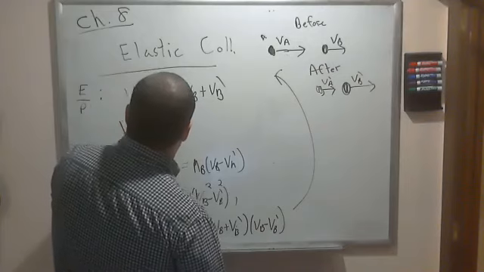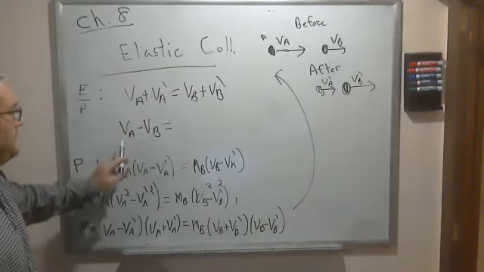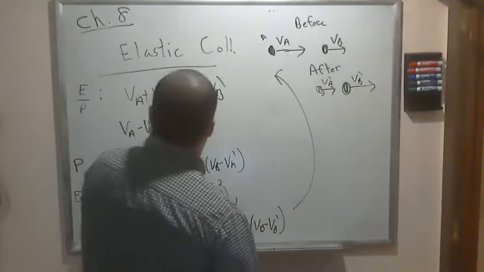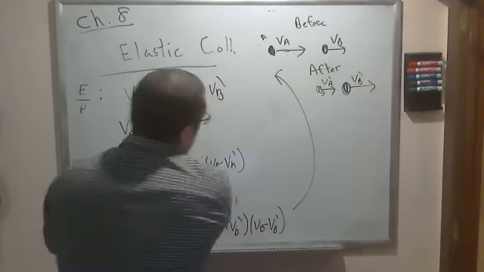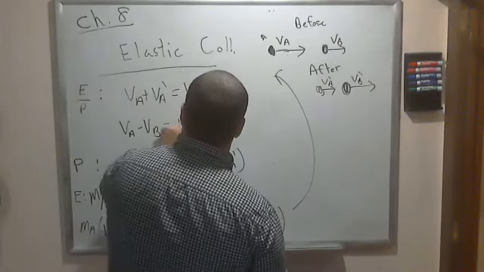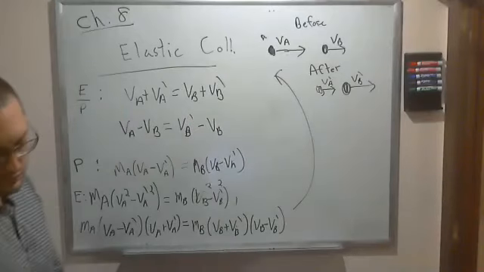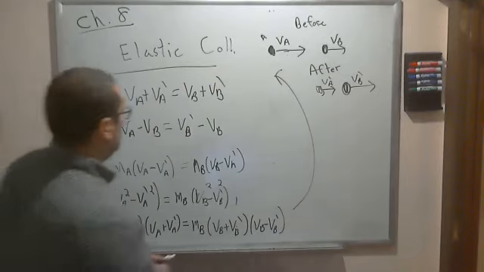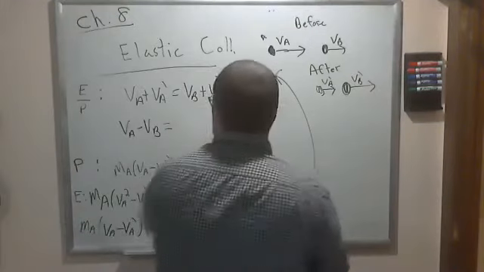The difference in the two velocities at the start will equal the difference in the two velocities at the end. I'll write this a little bit differently.